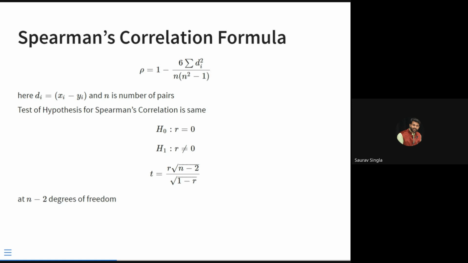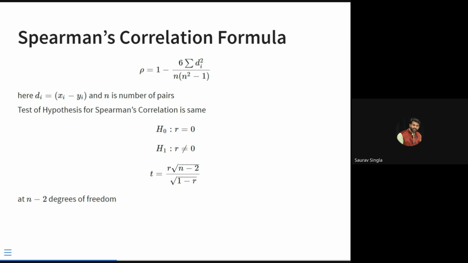So what is the difference in the formula here? Instead of multiplying xi minus x bar into yi minus y bar, we are taking the sum of differences. di is nothing but the difference between xi and yi for all the pairs.